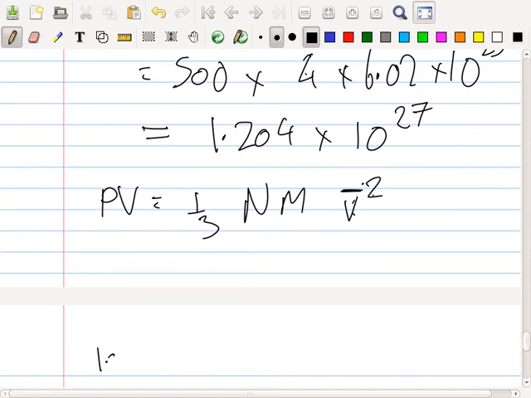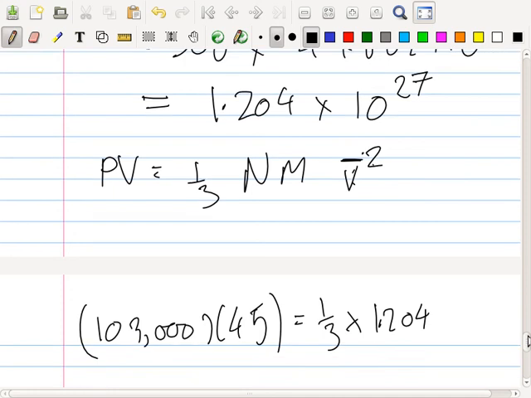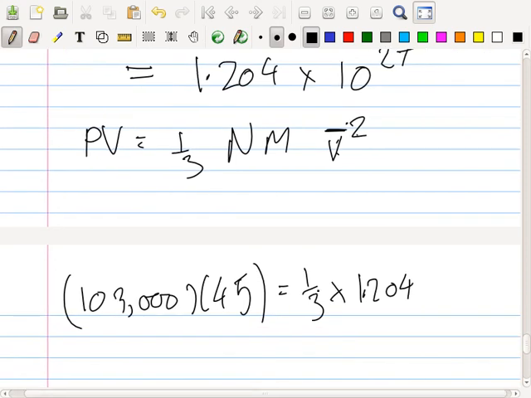Pressure: 103 times, what did I say the volume was? 45 equals 1/3 times 1.204 times 10 to the 27 times 29 times v squared.